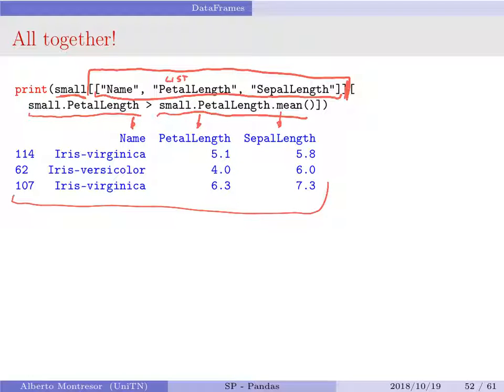These are all values which are larger than the mean. The part difficult to understand, I guess, is this one from here to here. Why? Because you need to understand that small dot petal length is creating a series. The greater than operator is creating a mask.